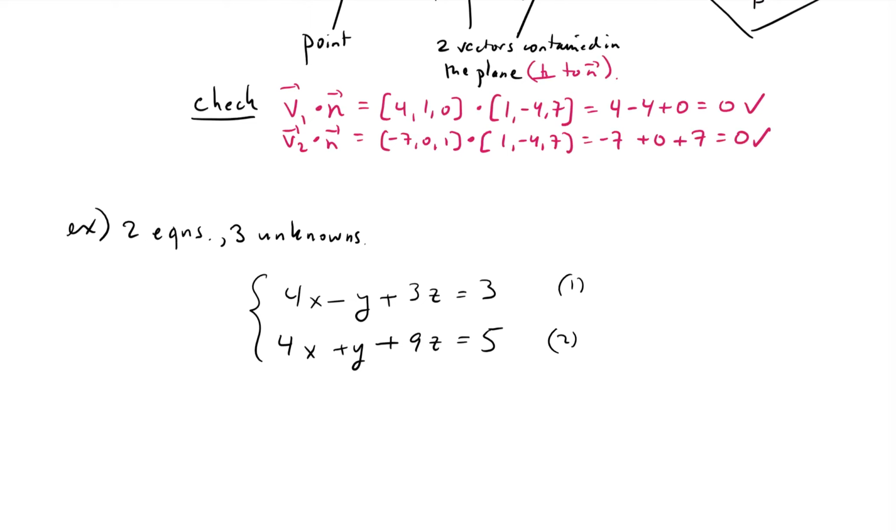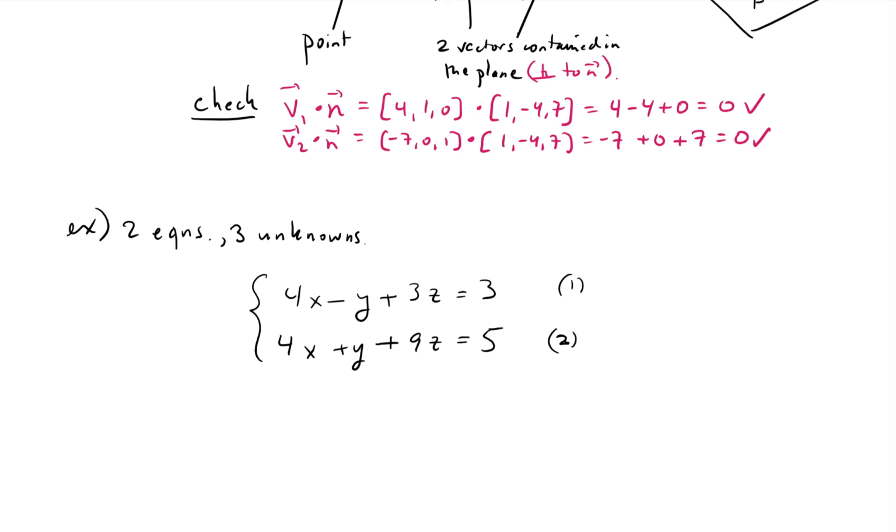So let's say these are equations 1 and 2. So what do we have here? Maybe a quick comment. Are these parallel planes? Because if those are parallel planes, maybe there are no solutions. How do we check this?